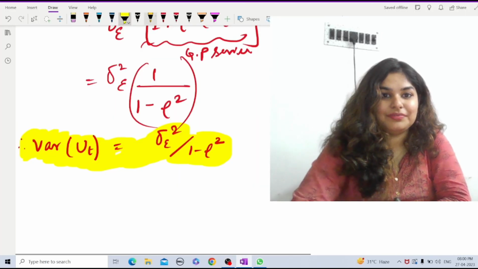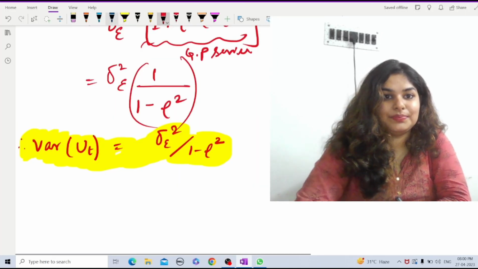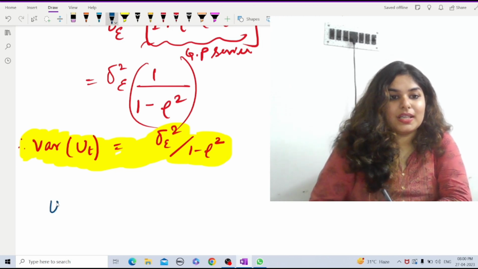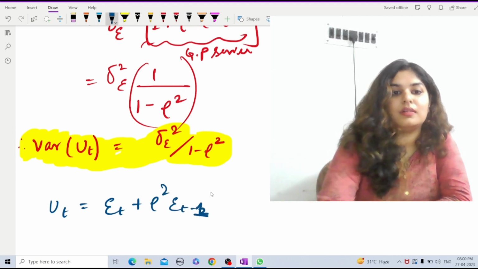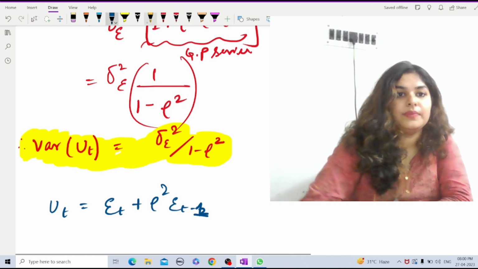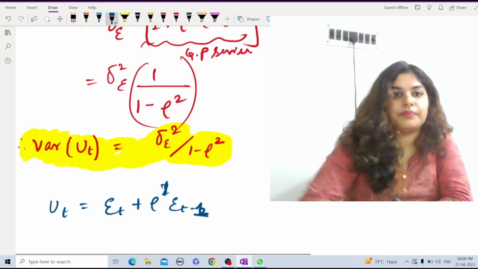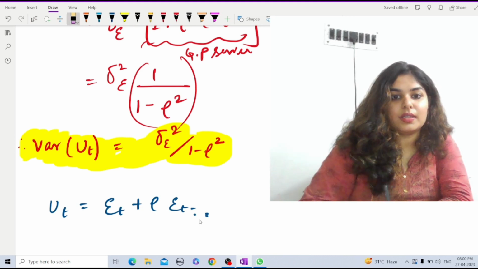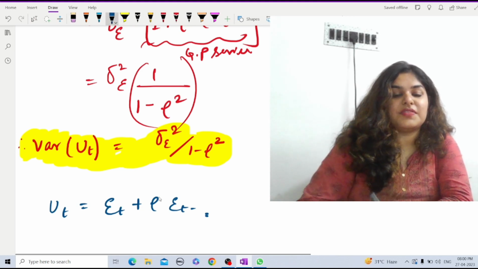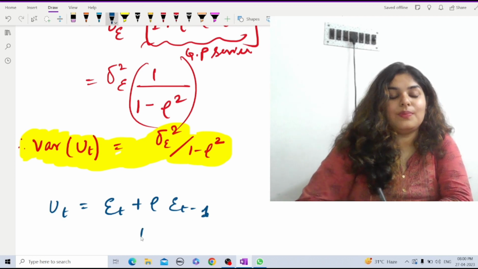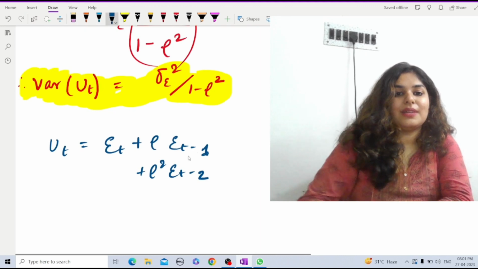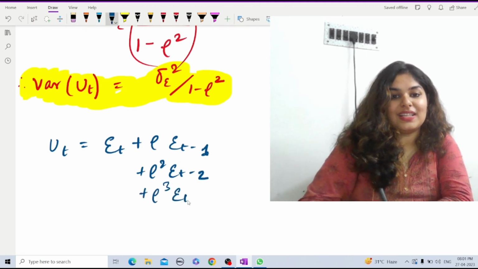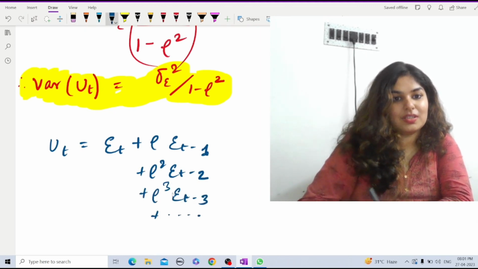We have ut is equal to epsilon t plus rho epsilon t minus 1 plus rho square epsilon t minus 2 plus rho cube epsilon t minus 3 plus dot dot dot.